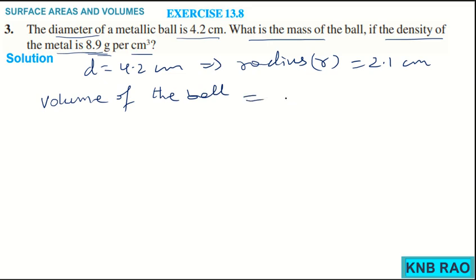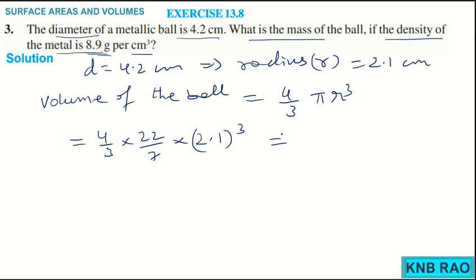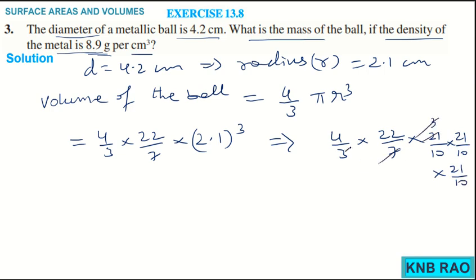It is a spherical ball, so we will apply the formula 4 by 3 pi r cube, where 4 by 3 into 22 by 7 into 2.1 centimeter whole cube, which implies 4 by 3 into 22 by 7 into 21 by 10 into 21 by 10 into 21 by 10. This 7 3s are, this 3 goes with this.